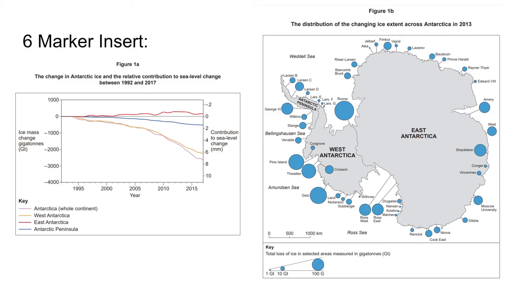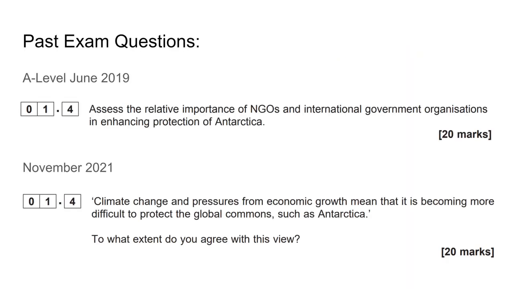You can just flip back if you'd like to. And here are some 20 markers. And surprisingly, there was a question about NGOs in Antarctica. So even though it seems like a very irrelevant thing, you could be asked about it. And that is all. Thank you very much.